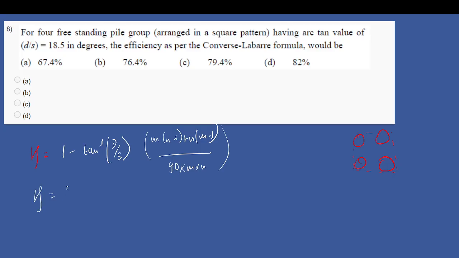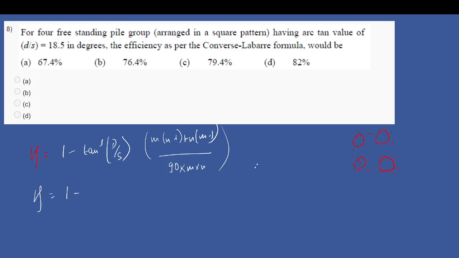So eta is 1 minus tan inverse d by s, which is basically your 18.5. So the arctan value of d by s is 18.5 degrees.